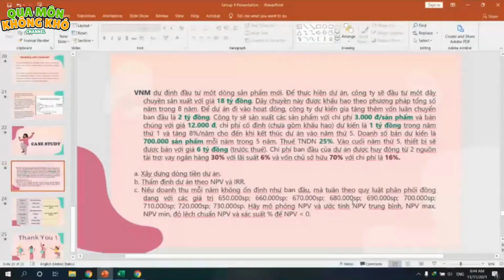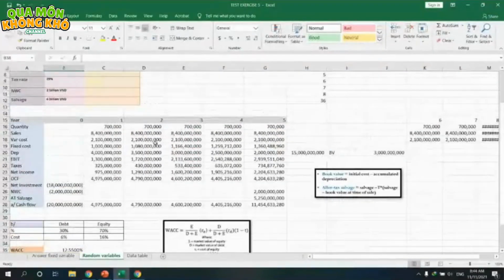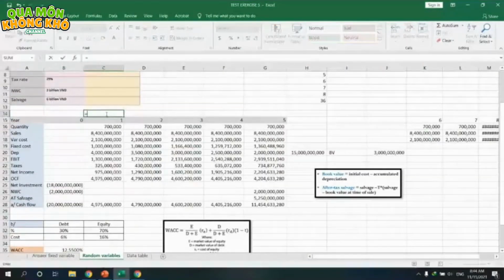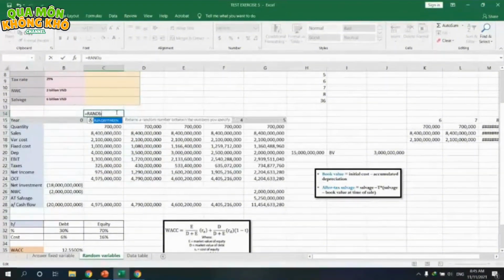The final requirement says that the quantity is not fixed at 700,000. So we need to set up random variables from 650,000 to 730,000. Because it's a continuous value, we will just simply use the RANDBETWEEN, if I'm not mistaken, from 65 to 73.